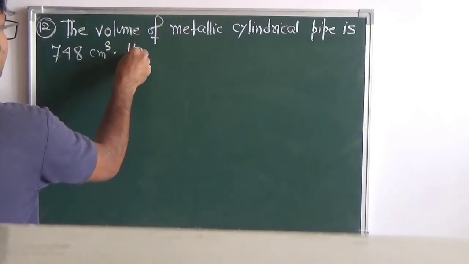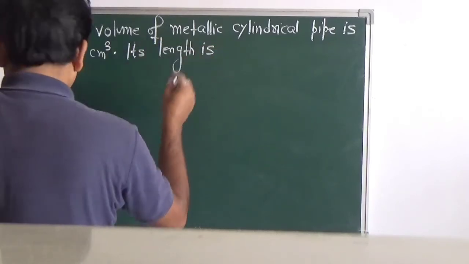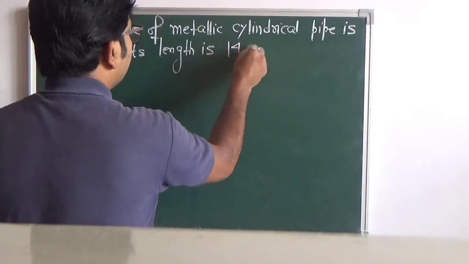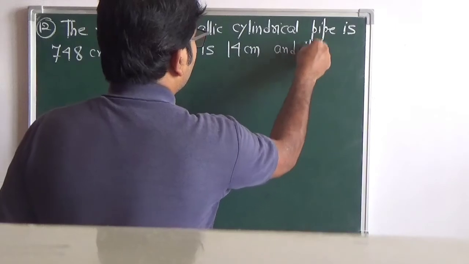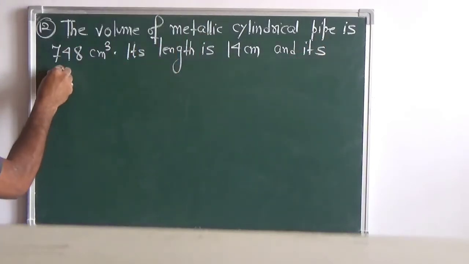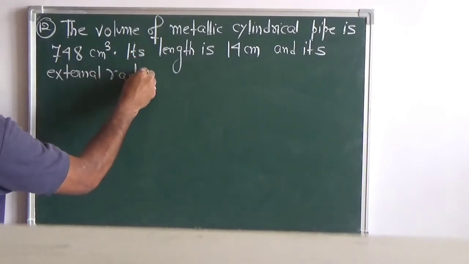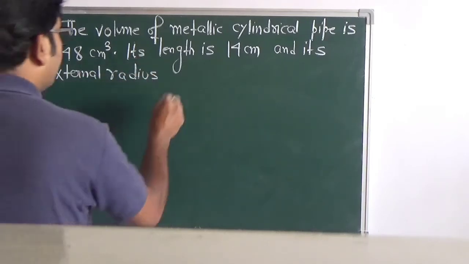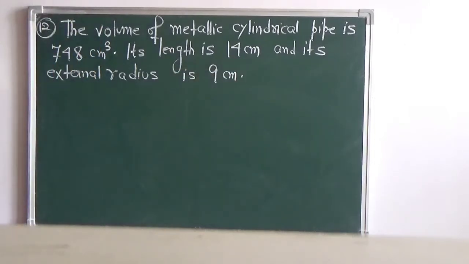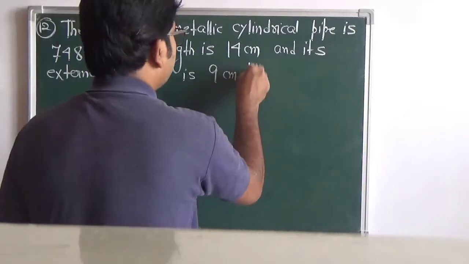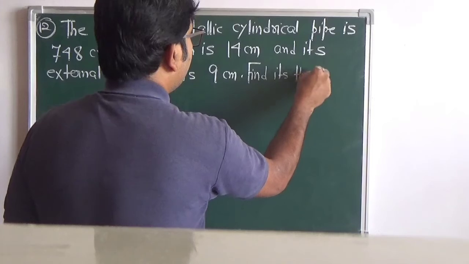Its length is 14 centimeters, and its external radius is 9 centimeter. So we need to find its thickness.